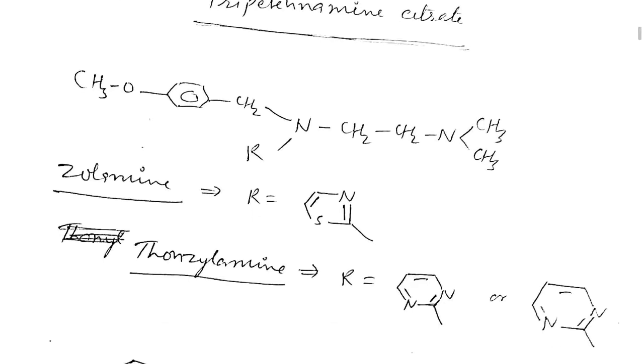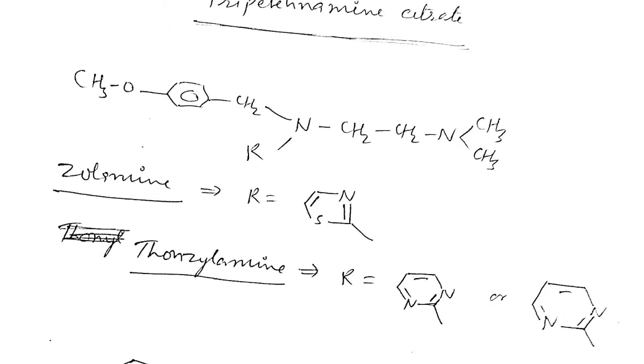Other examples with similar substitutions are zolamine and thonzylamine. These are again substitutions, where a heterocyclic nucleus is substituted on the nitrogens. Mostly in ethylene diamine, the ethylene group is in between and two nitrogen groups are there. The ethylene diamine nucleus is essential for activity.